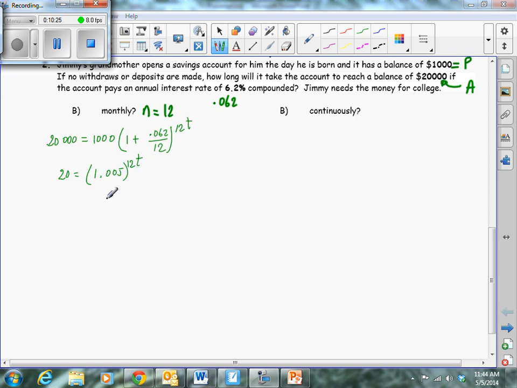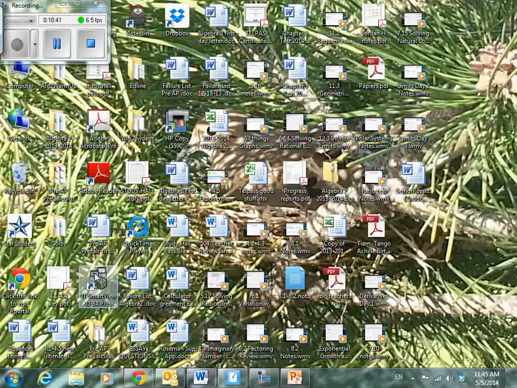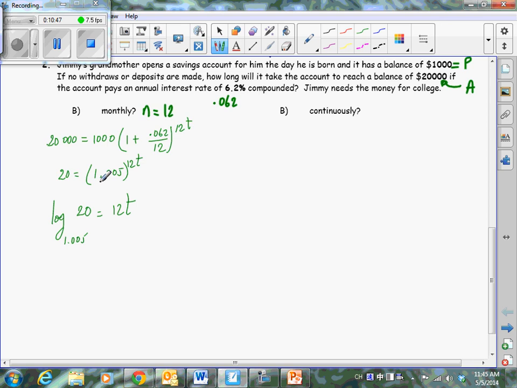I raised it to the power of 12t. So from here, what do I need? Log base 1.005 of 20 is equal to 12t. Now, maybe I need to show you how to put this on the calculator, because you do not want to round anything. Was this a rounded value? The 1.005. It was rounded?